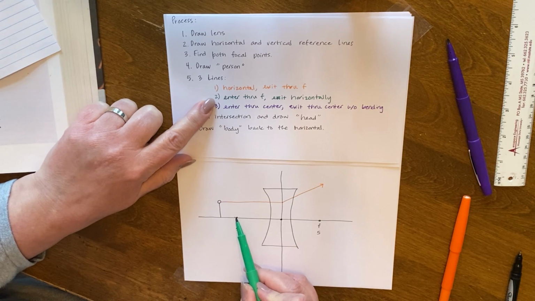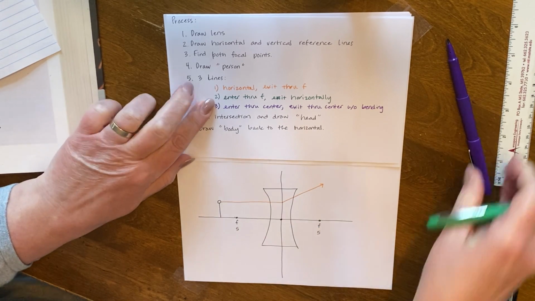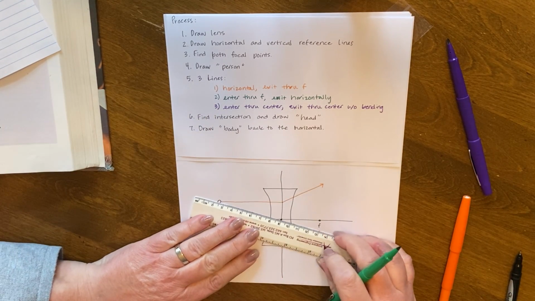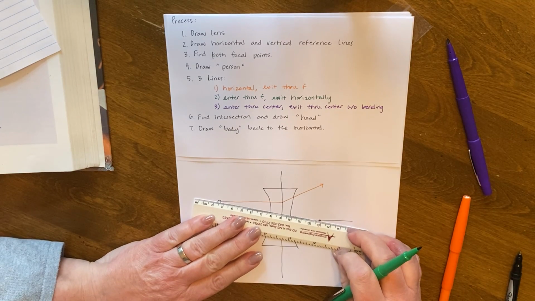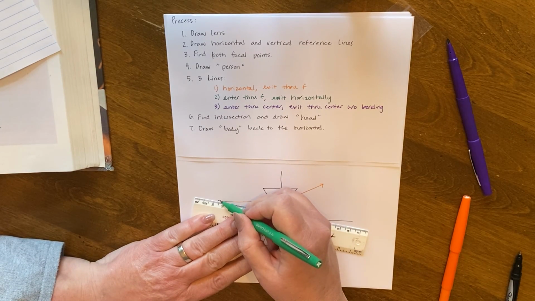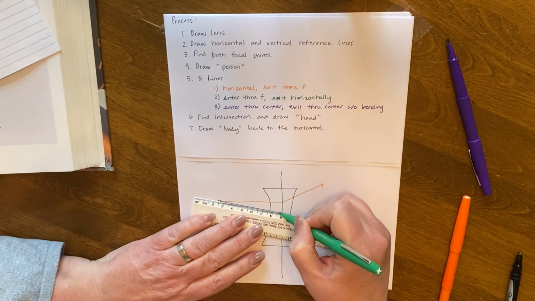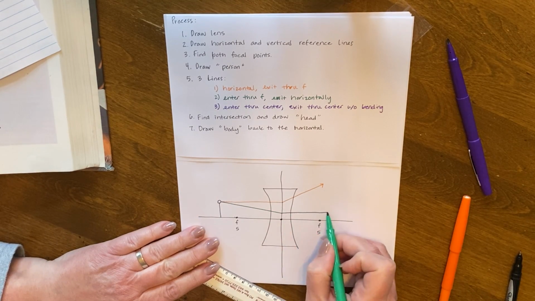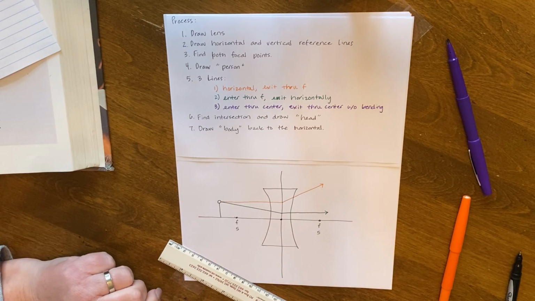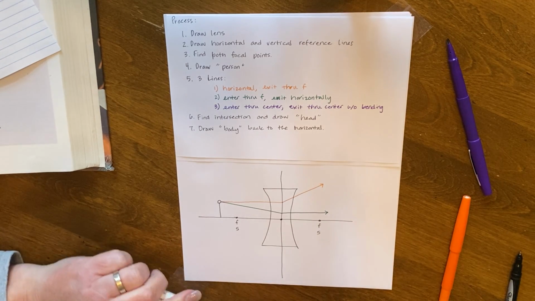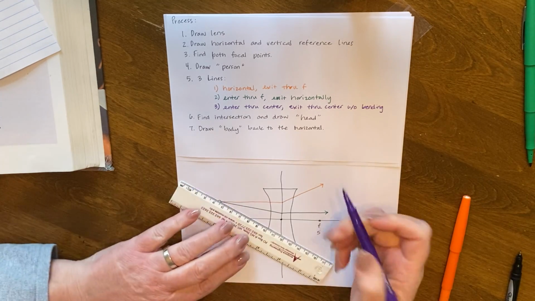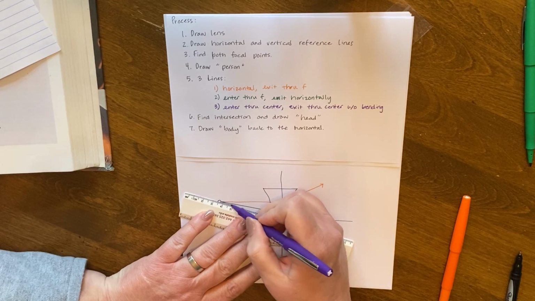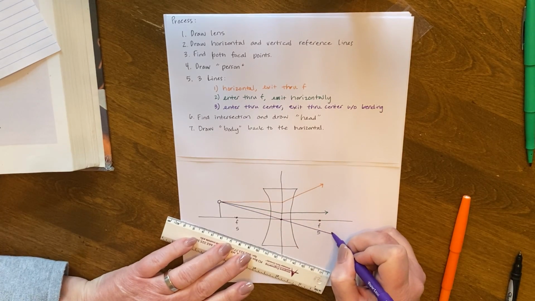Not this one on the same side, but toward the focal point on the opposite side, and then exit horizontally. When it hits the center line, it's going to be refracted horizontally. And then finally our purple line, which is the easiest, is going to go through the center and just keep going straight through the center.